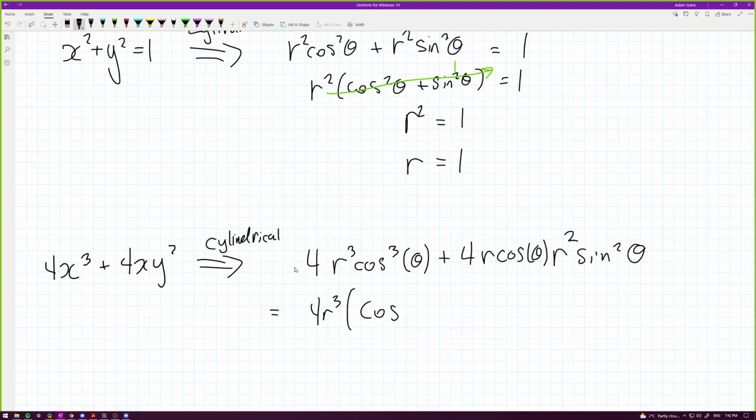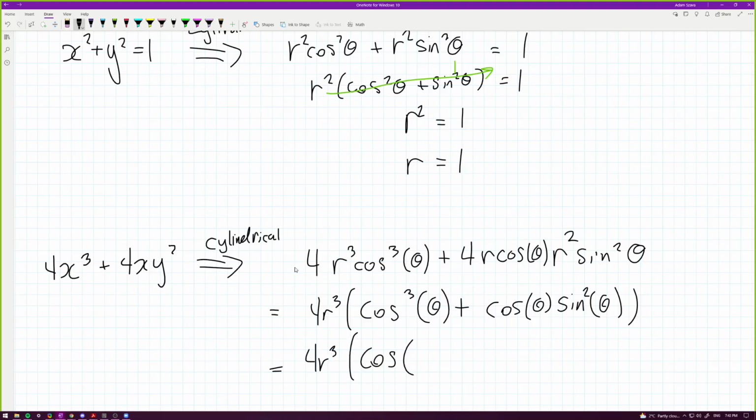I'm going to get cos cubed theta plus cos theta sine theta. Okay, and then to simplify it a little bit more, sorry, sine squared theta, I'm going to write it as this: 4r cubed, cos cubed theta plus cos theta times 1 minus cos squared theta.